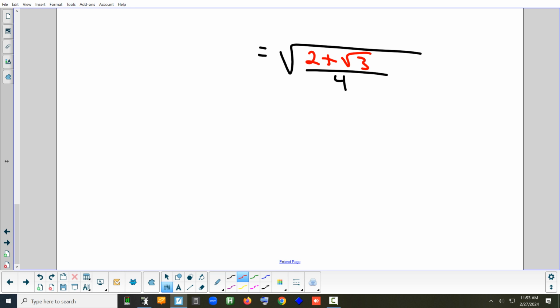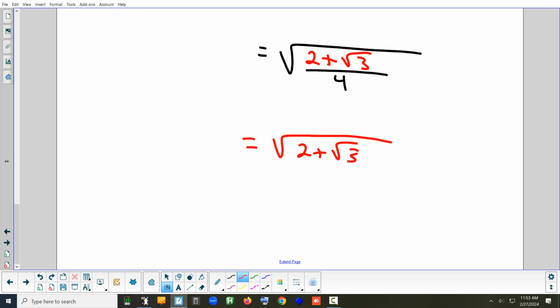Yeah, take the square root of the numerator and the denominator. So you'd have the square root of 2 plus root 3. You can't have a square root and a square root. That's a mess. Over the square root of 4, which is 2.